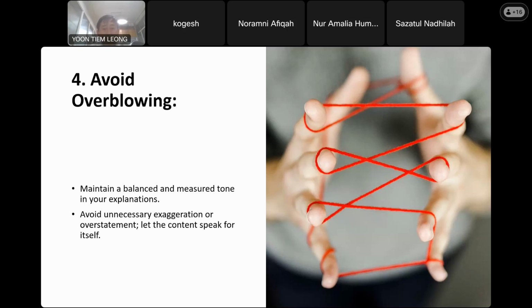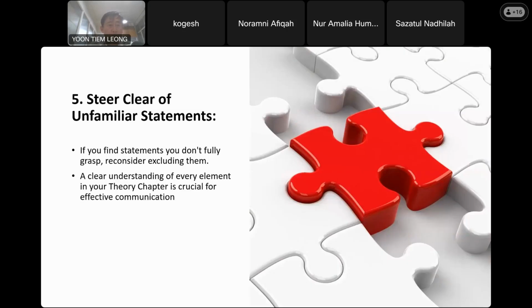Now, I have to include these slides here because sometimes in the past, I found people do that. They just find, wow, this statement is very great. They want to exaggerate their project very much. So they would talk big about the importance or significance of the project they are doing. So whenever they see some exaggerating statements, they just slot them in. So I would advise that when you prepare your theoretical statements, try to maintain a balanced and measured tone in your explanation. So try to avoid overblowing.